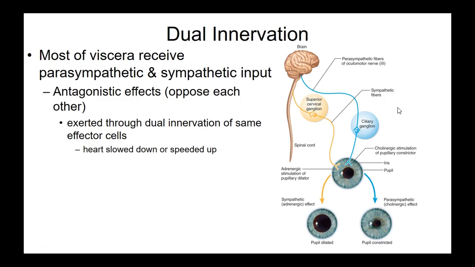Now, we also can have antagonistic effects, but we have the same effector for the sympathetic and parasympathetic neurons. And we'll talk more about this when you get to cardiovascular. But example, that's heart rate, right? So here, the dominant tone on the heart is generally going to be parasympathetic. If you cut off that parasympathetic innervation right now to you guys, without activating the sympathetic nervous system, your heart rate goes up. Without activating the sympathetic nervous system.